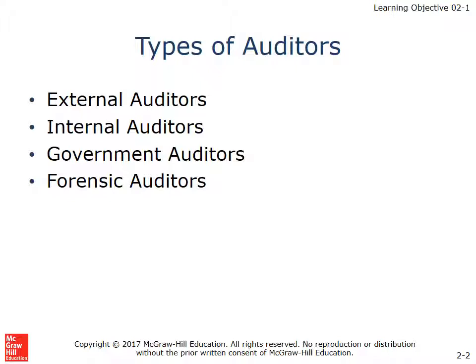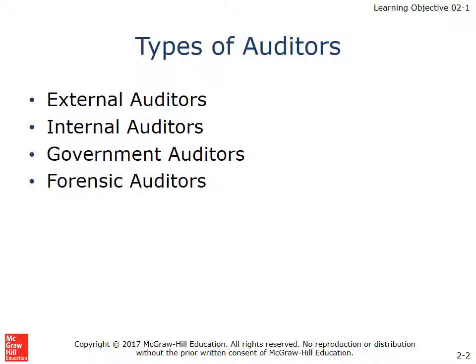And their main objective is to help the organization achieve its objectives by bringing a systematic, disciplined approach to evaluate and improve risk management, control, and the governance process. So they're there making sure what the company says it's doing, it's doing.